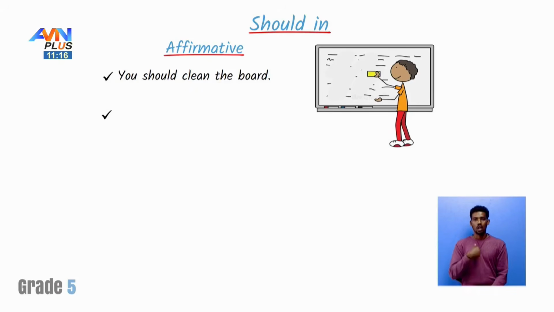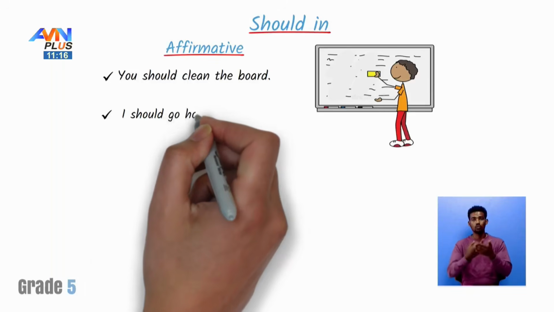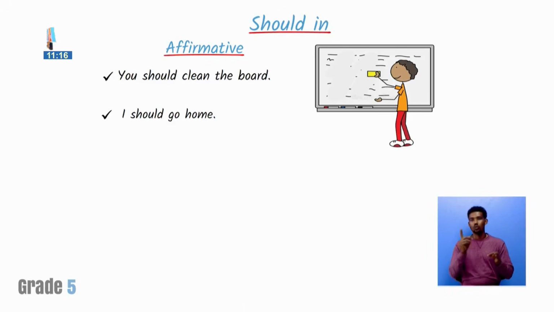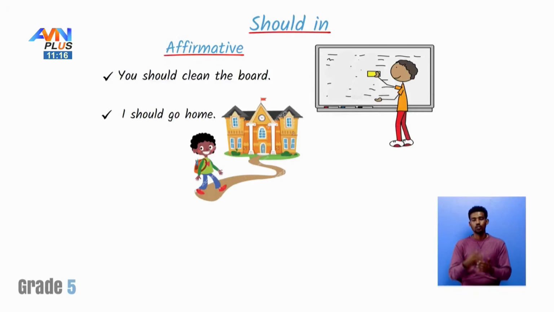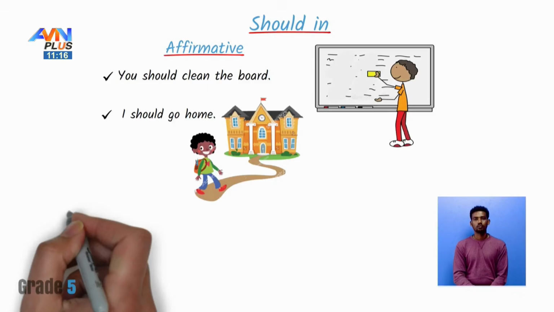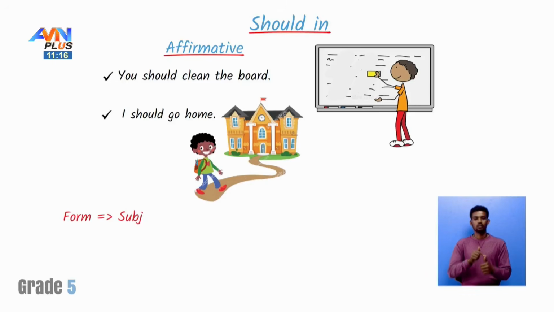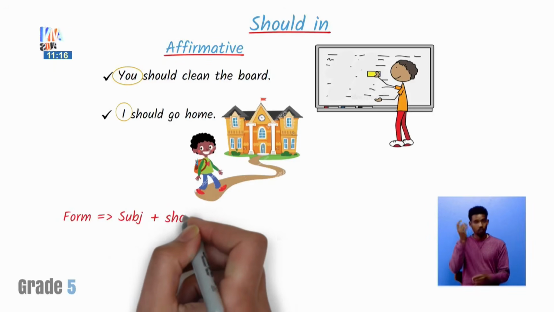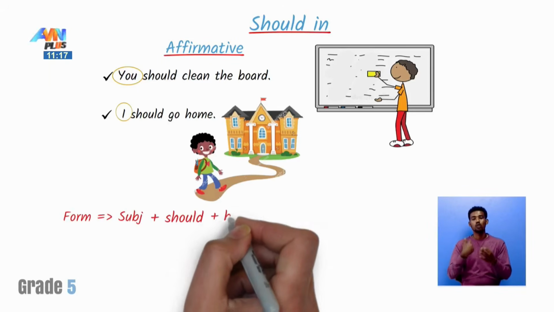I should go home. So from this sentence, we can derive the form of affirmative sentence with should. Here, its form is subject, you, I. So subject plus should. Don't worry about the subject, because for all personal pronouns we can use should.